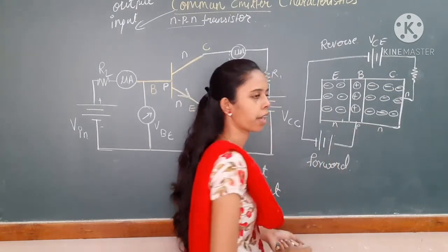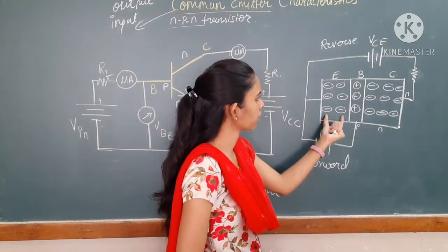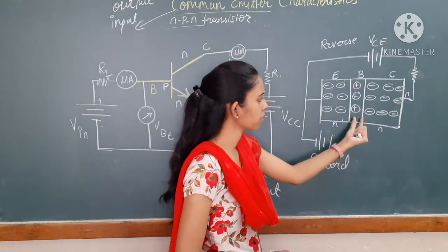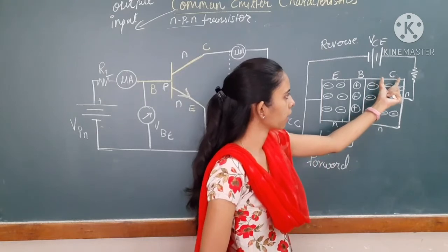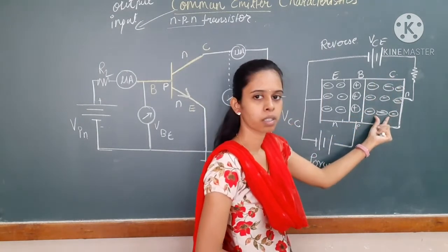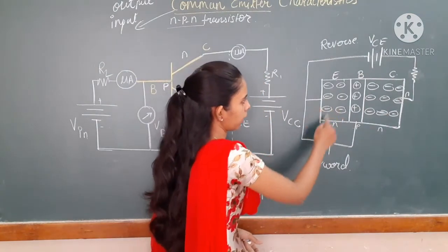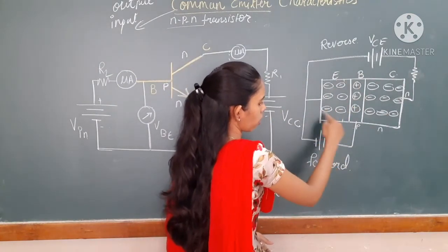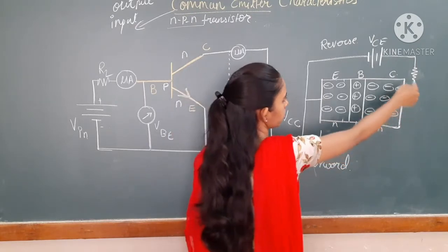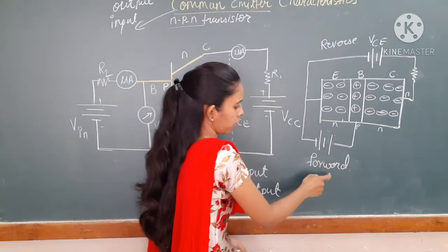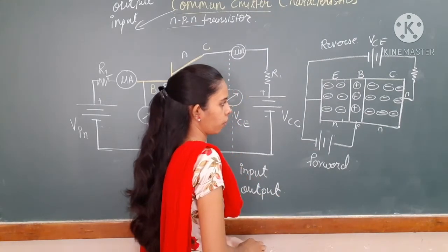We have used an NPN transistor, so the majority carrier in the emitter is electrons, in the base is holes, and in the collector is electrons. The emitter-base part is always forward biased. This part is reverse biased. So reverse current flows here, and forward current flows there.